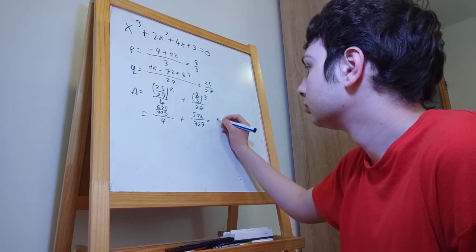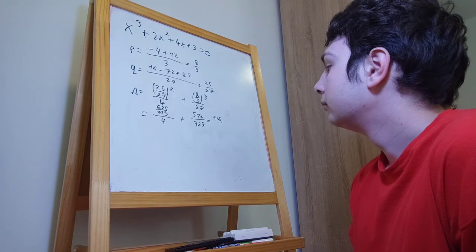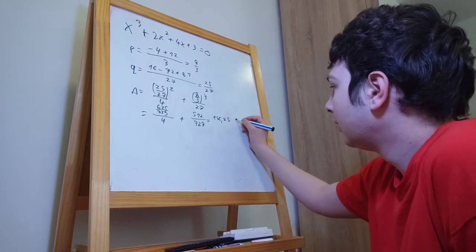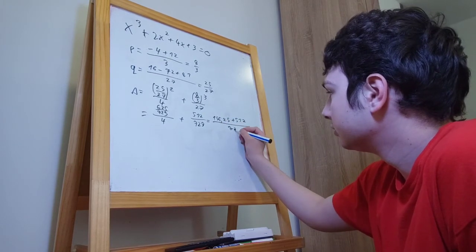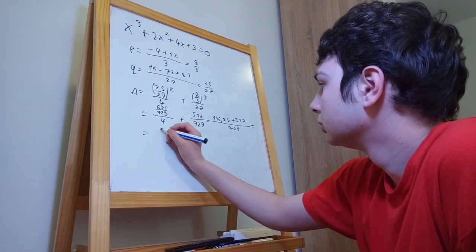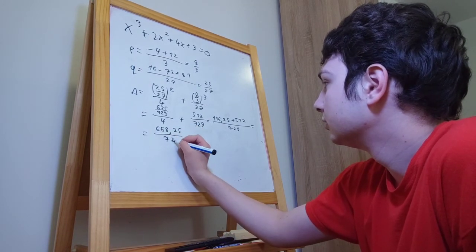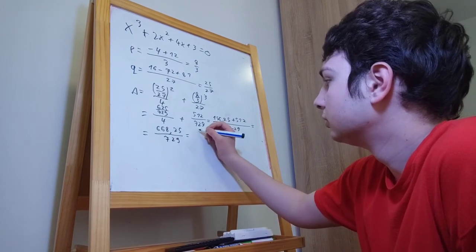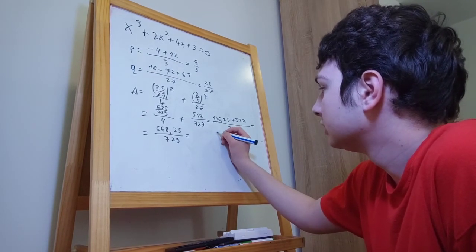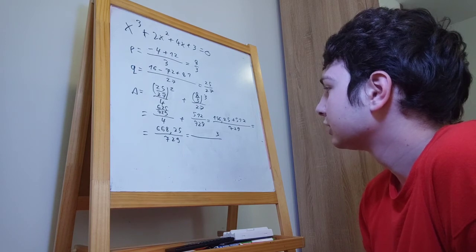And this is equal to, let's see, 156 point, well, 25 plus 512 over 729, which is equal to 668 over 25 over 729, which is equal to, let's see, multiply this by 4.